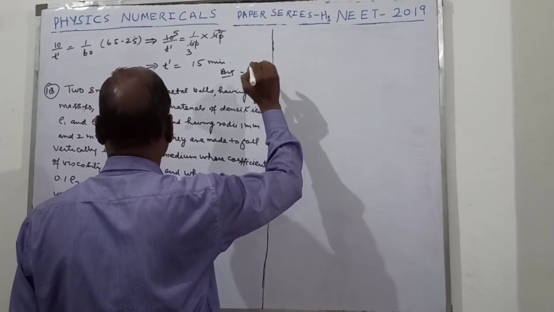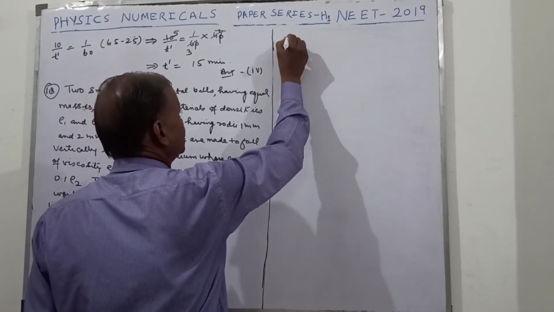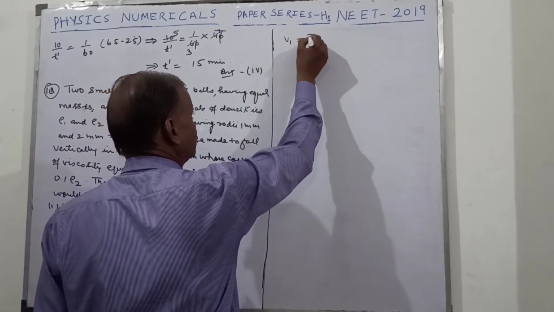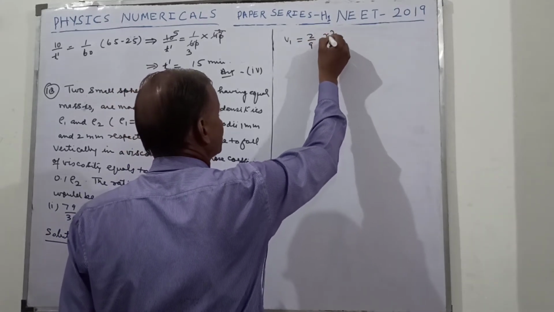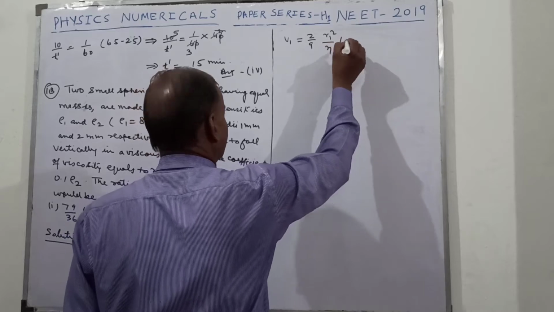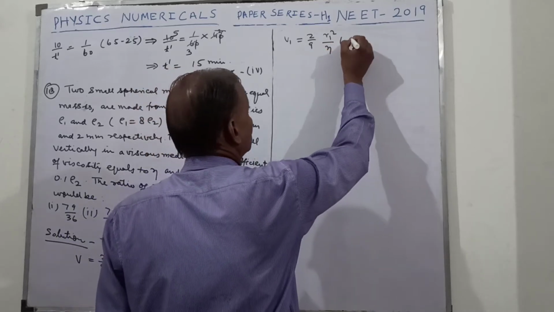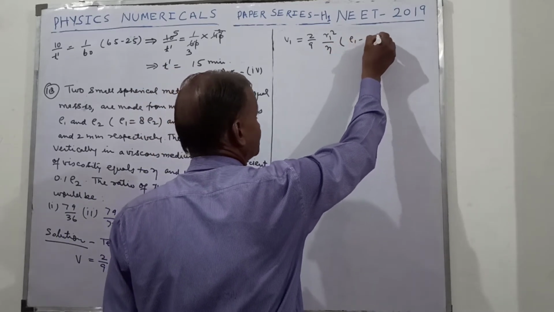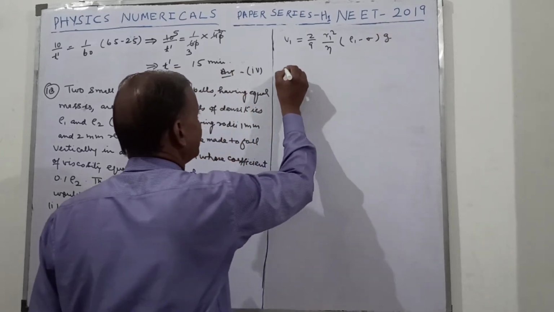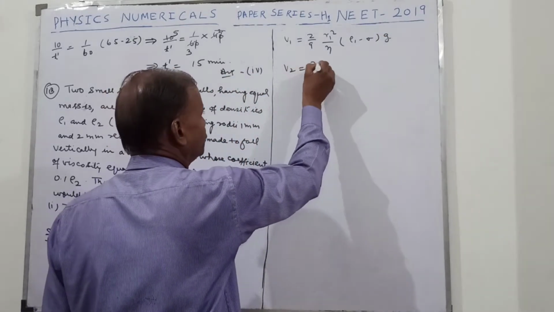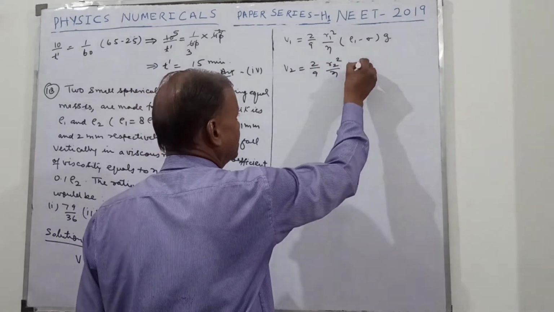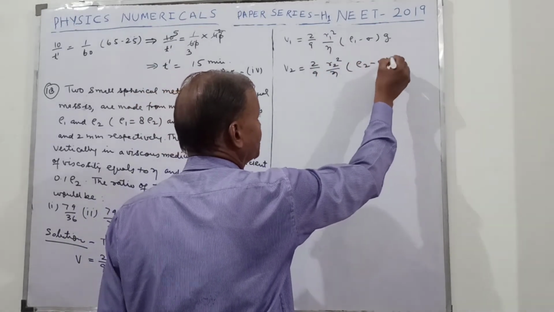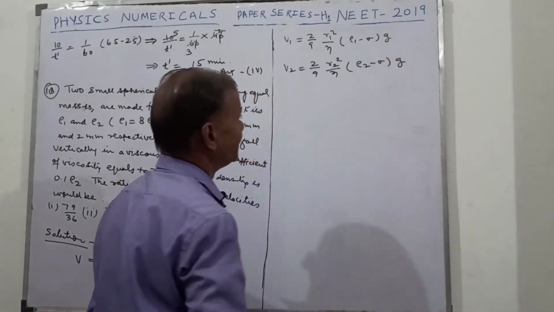So now you are given two velocities. V1 equal to 2/9 R1 square upon eta into (rho 1 minus sigma) into g, and V2 equal to 2/9 R2 square upon eta into (rho 2 minus sigma) into g.